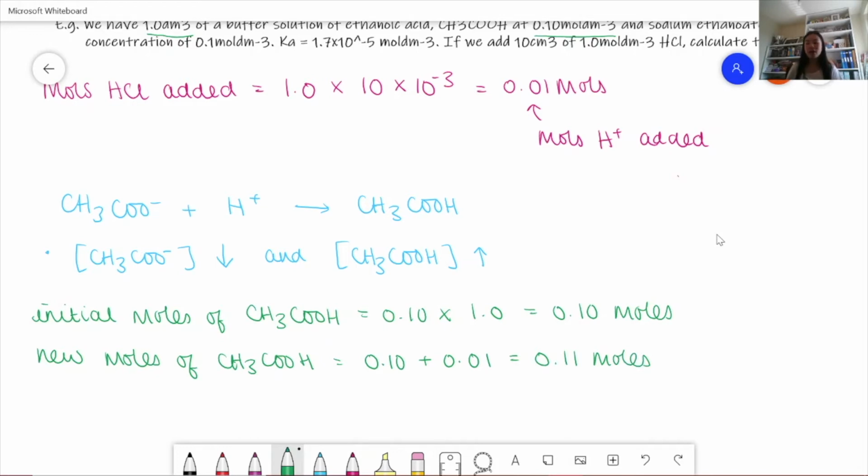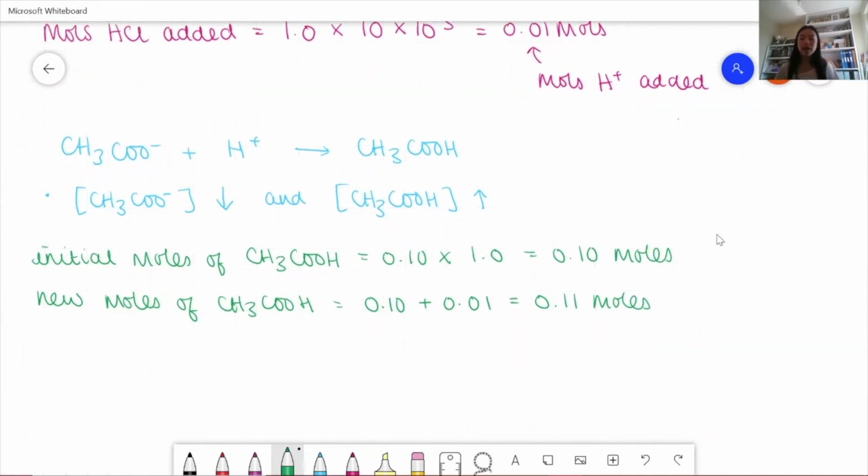And now we can work out the new concentration of the ethanoic acid. And so we have concentration of ethanoic acid, moles equals concentration times volume. So concentration must be equal to moles divided by volume.